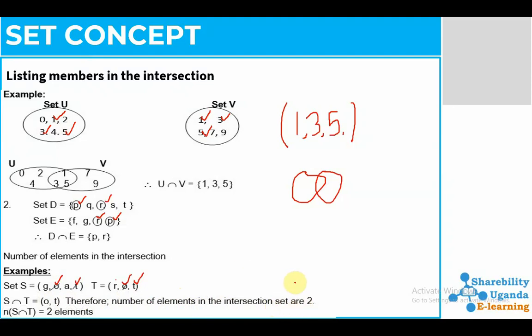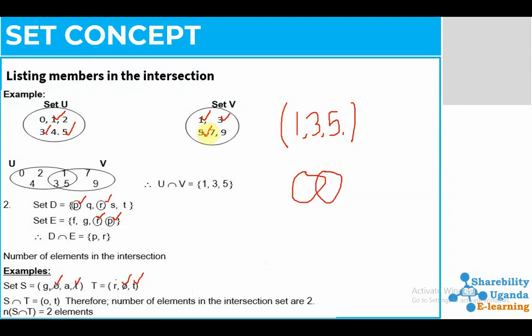How do they come up with 2? By just counting them. When you count, this is 1, this is 2. So they say the number of S intersection T is 2 elements.